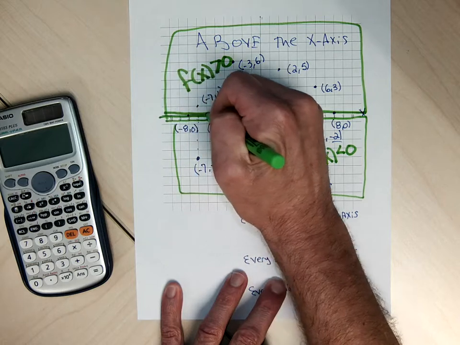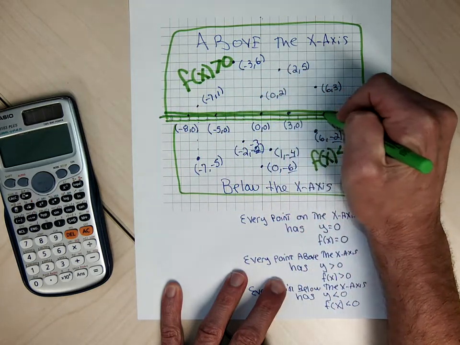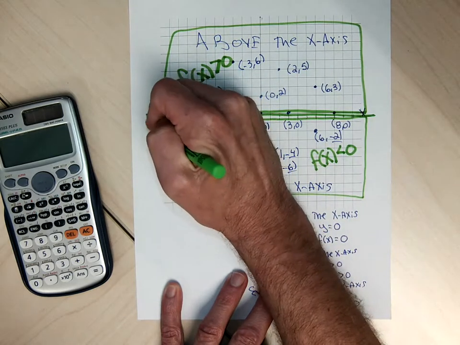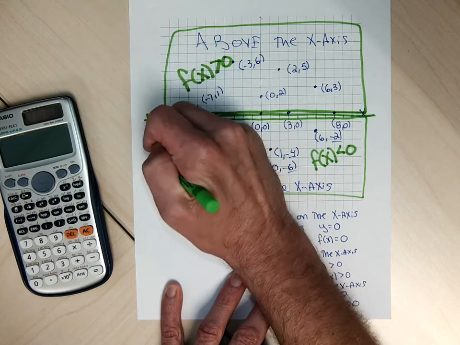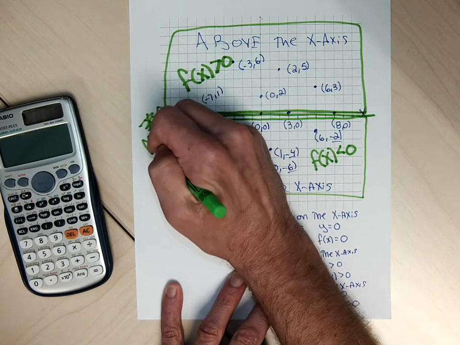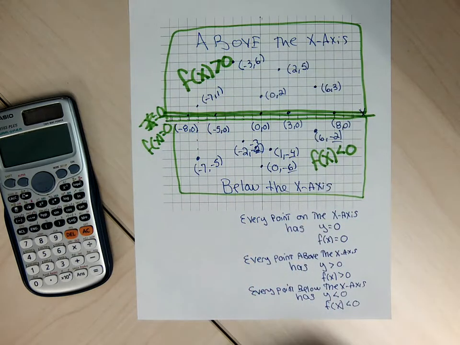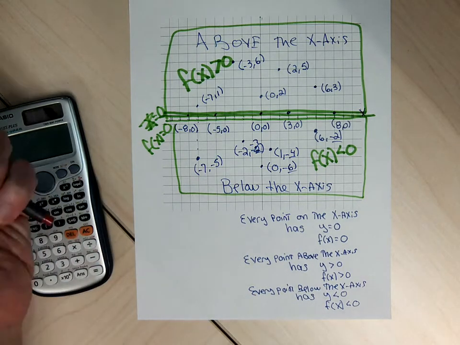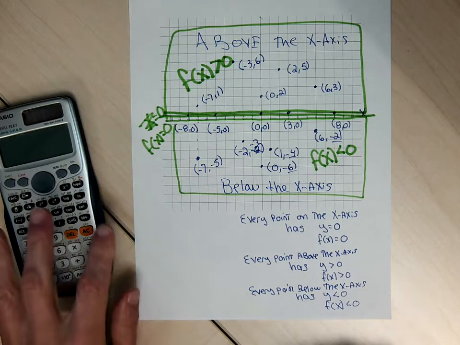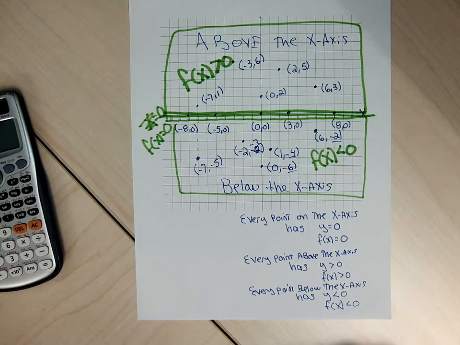And if a point's spot on, right on top of the x-axis, on the x-axis, the y's are equal to 0, or in function notation, the f of x's are equal to 0. That's a huge, huge important thing to understand, because all of the questions in this section are going to ask, where are the y's equal to 0, where are the y's greater than 0, or where are the y's less than 0.